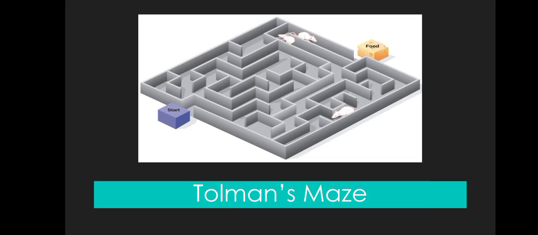Now, the example of this experiment is that a group of rats was placed at random in a maze, but food is always in the same location. In Tolman's experiment, we will find that he made two control groups. One group is placed in the maze where the food is in the same location, and another group is in a maze where the food is placed in a different location.